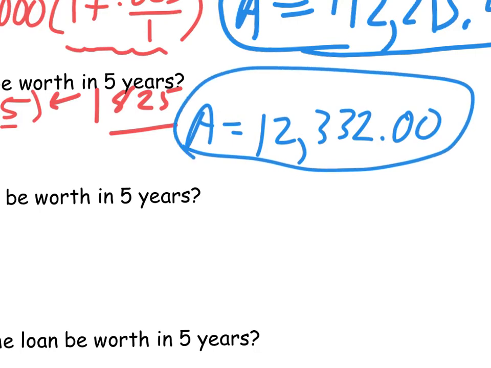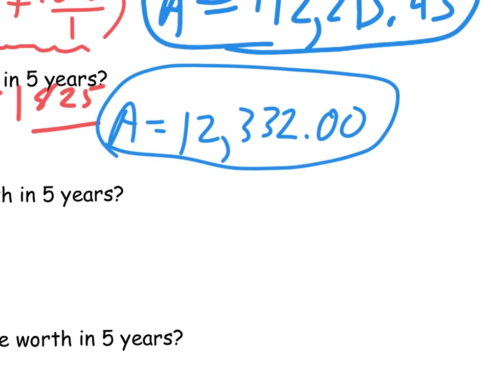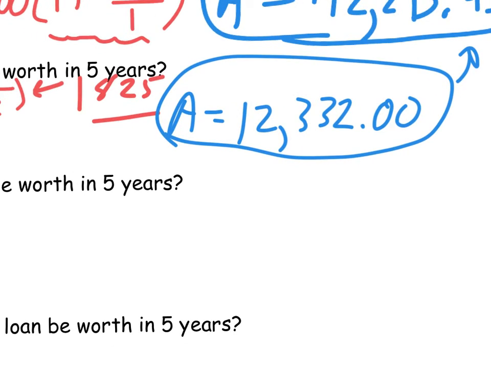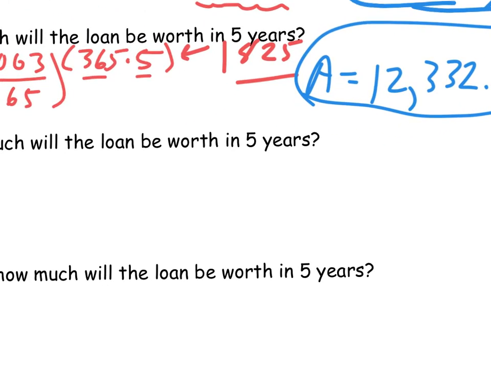So this is more than the 12,215. It's 332. And the reason is the interest is compounded daily. It's compounded 365 more times. So you're going to make more money every time the interest is compounded. So just keep that in mind.